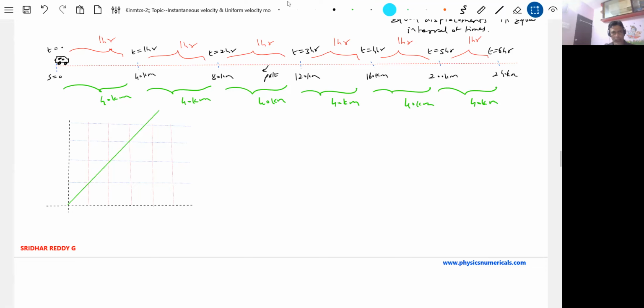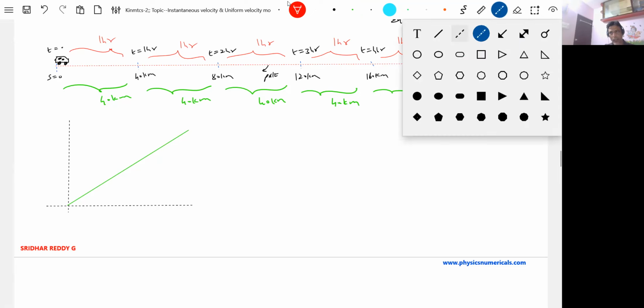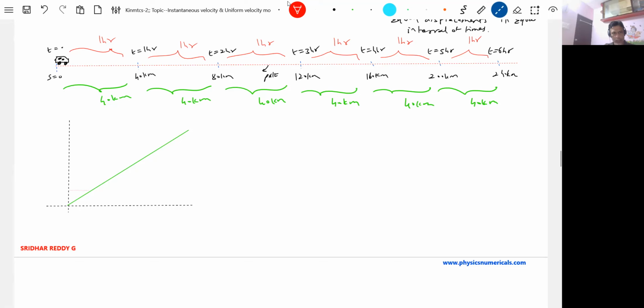I think I'll redraw it, because I have to follow the scale. Now we'll draw it. I have graph paper.